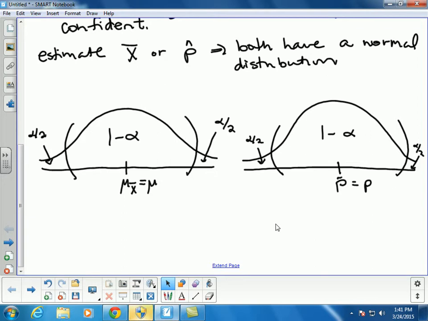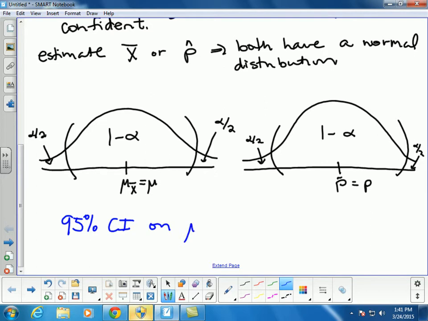So let me put some numbers in so you know what that kind of means. If I want to make a 95% confidence interval on mu based on x bar, in here will be the 95%. So that's where the 1 minus alpha comes into play.